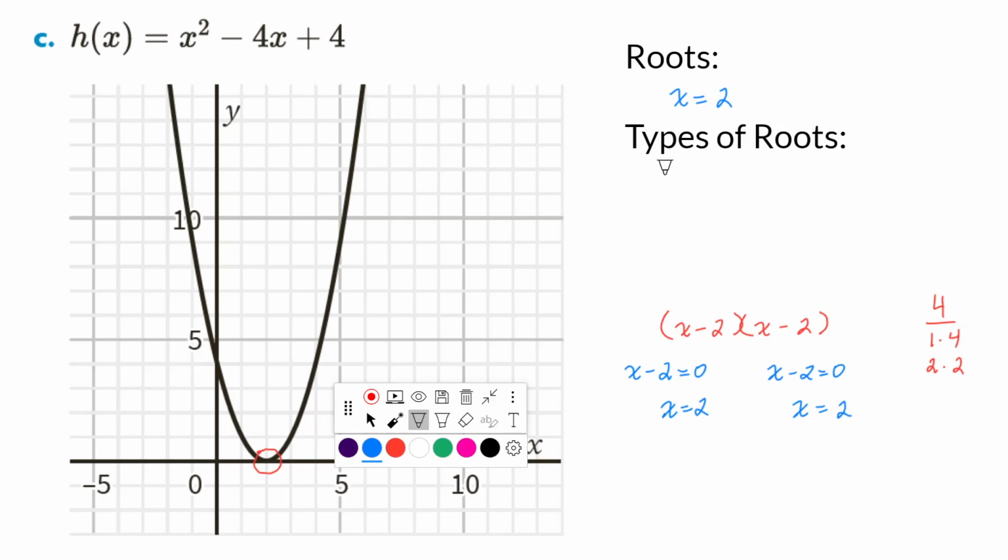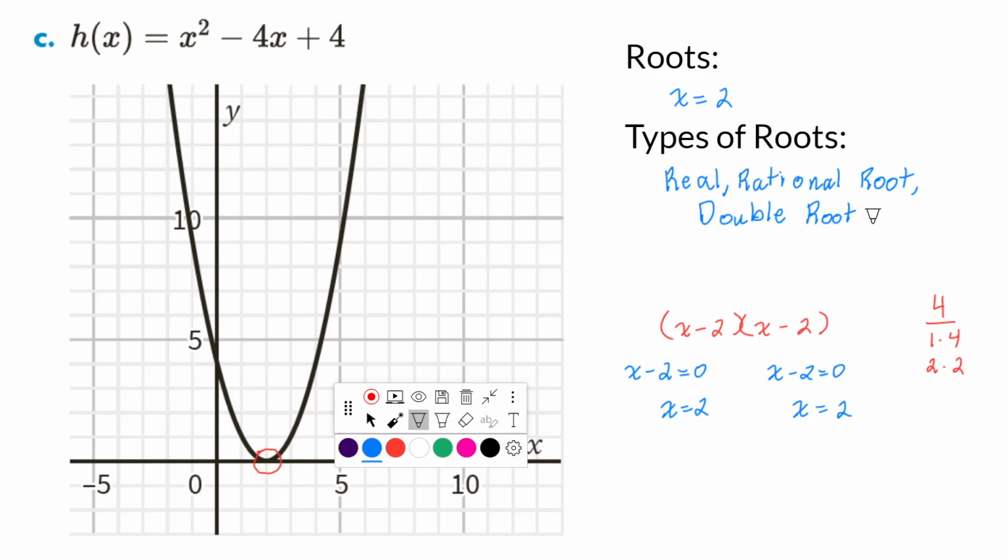It is a real, rational root. It is also a double root, meaning that it appears twice as a root. It's also sometimes called a root with multiplicity of 2.